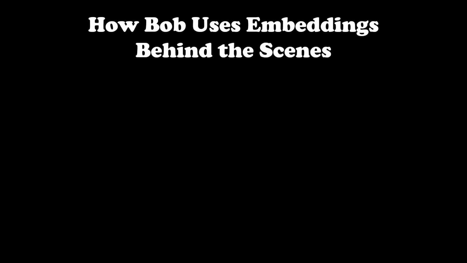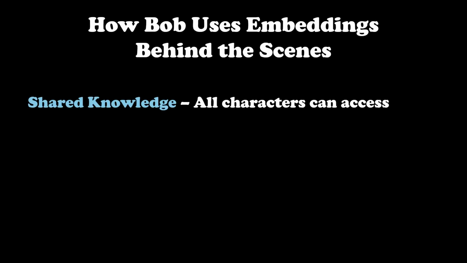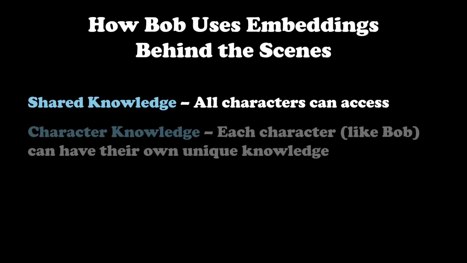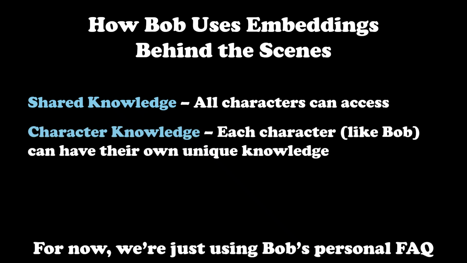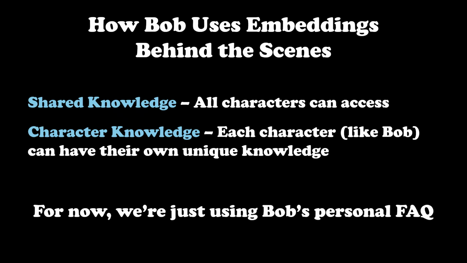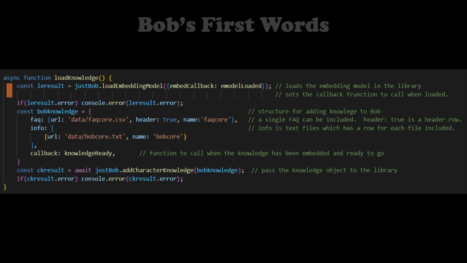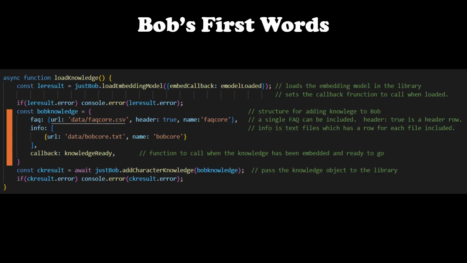Bob supports 2 types of knowledge: shared knowledge, which all characters can access, and character knowledge, where each character, like Bob, can have their own unique knowledge. For now, we're just using Bob's personal FAQ. The embedding model is loaded at startup along with Bob's FAQ. An object containing the location of the FAQ, whether the data has a header row, and a reference name, are required.